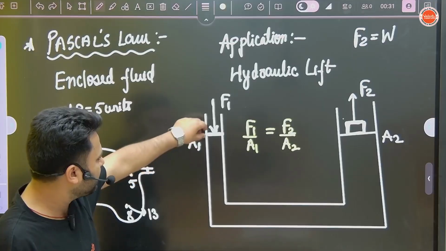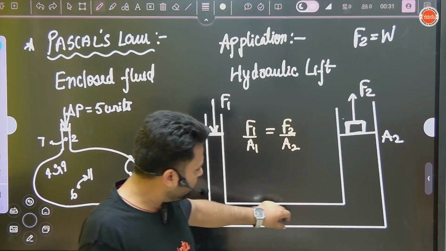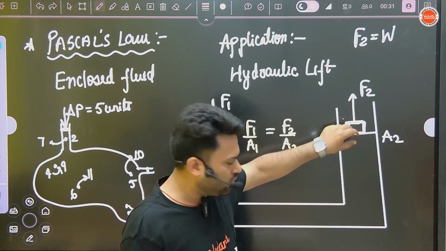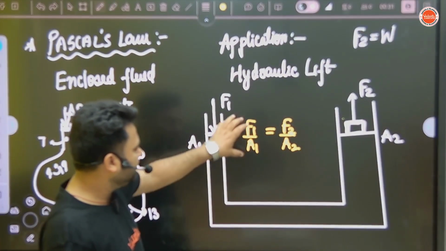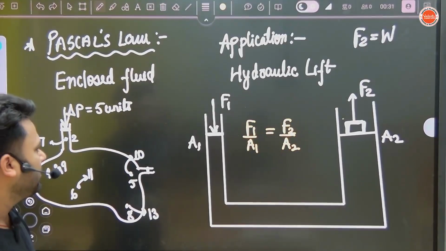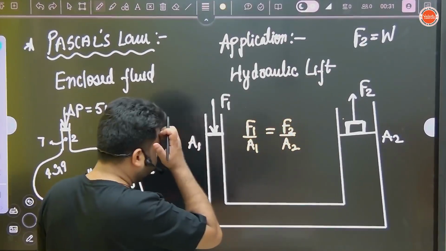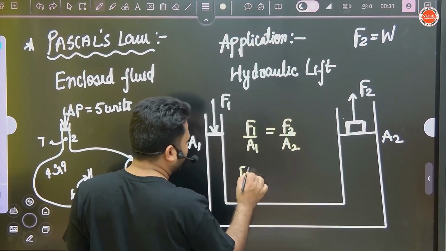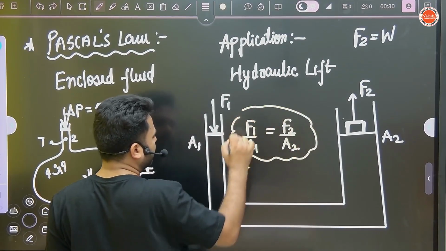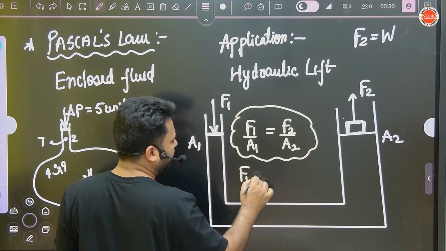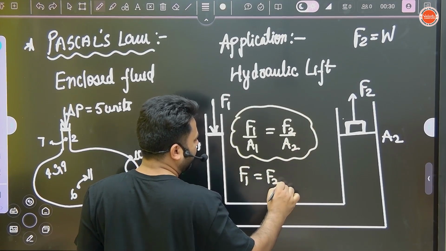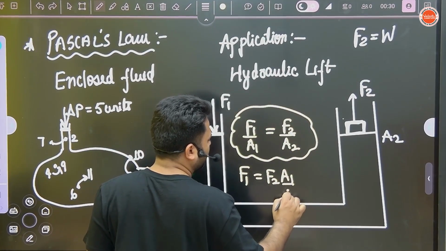If you provide extra pressure here, the same pressure will carry forward to this point also, all the points. So this pressure and this pressure have to be the same. Now see, F1 value, so this you have to remember. Now what you can see, F1 equals F2 cross multiplied, A1 by A2.